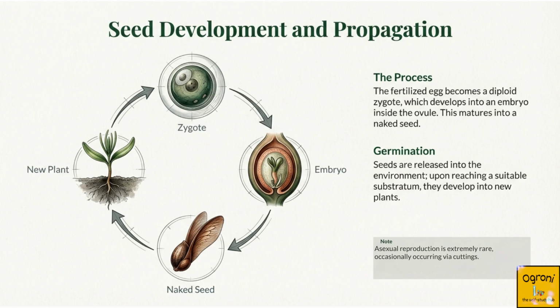Seeds are released into the environment by wind or by animal action. Upon reaching a suitable substratum, they develop into a new plant. It is to be noted that asexual reproduction is extremely rare in gymnosperms. It happens occasionally via cuttings by humans.